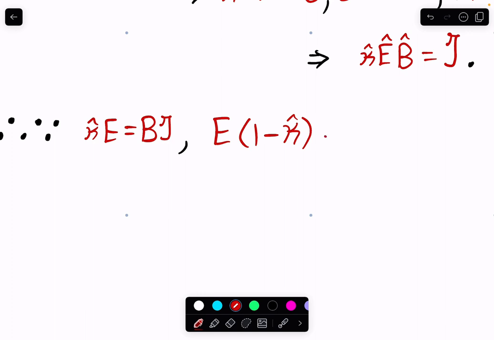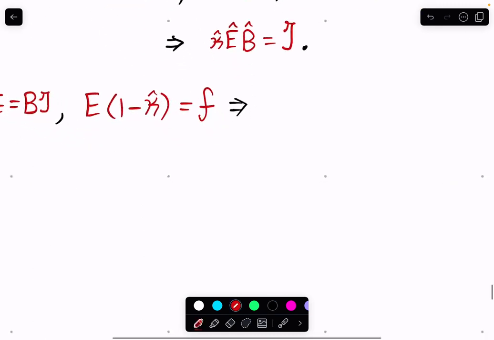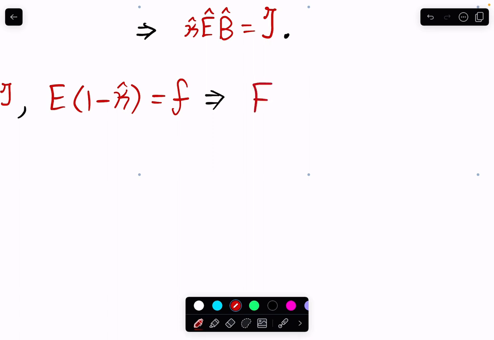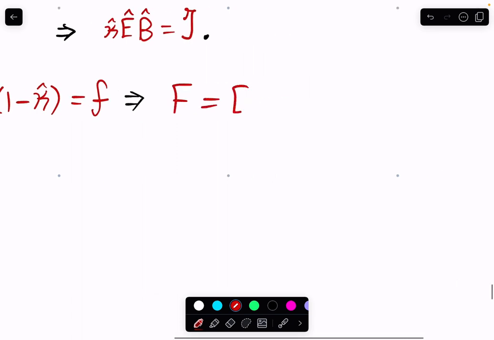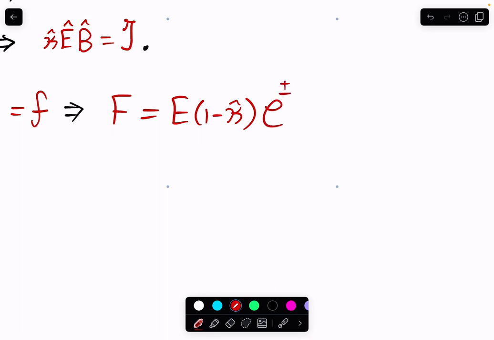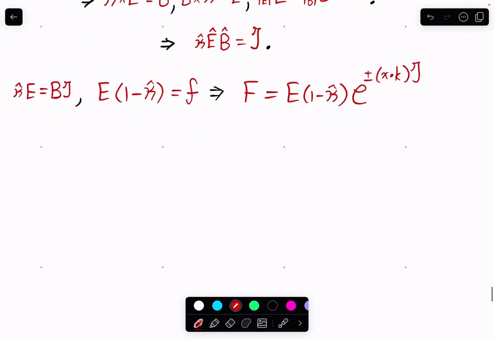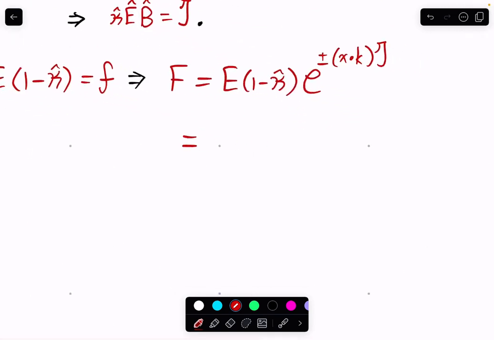You should have E minus kappa, and this will be your canonical bivector, which further implies that your field is equal to E1 minus kappa E to the plus or minus x dot k I, which we can further simplify and make it into more of a traditional form.